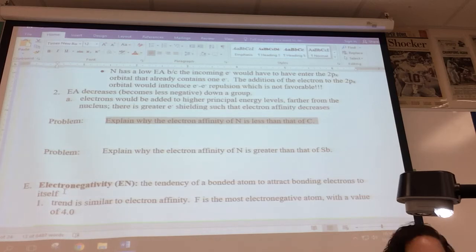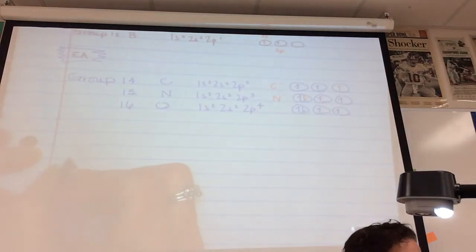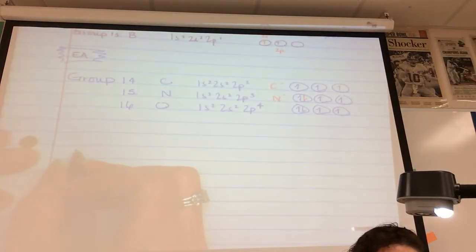All right, the last thing I want to mention very quickly: electron affinity, again, is the energy associated with the atom's ability to attract and hold an electron. Electronegativity is the tendency of a bonded atom to attract bonding electrons to itself.